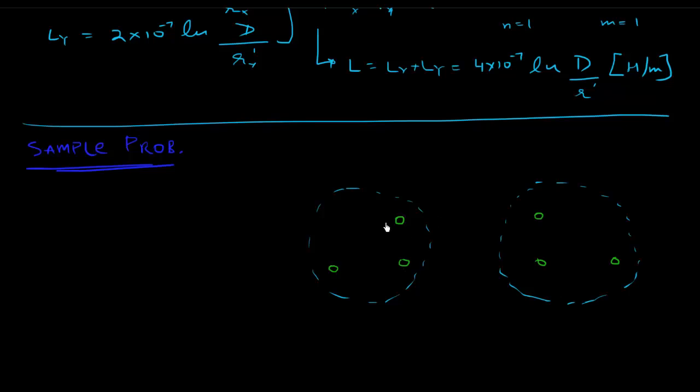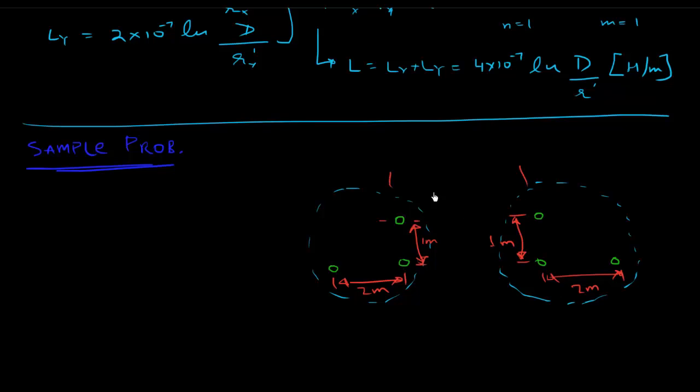Let this distance be 1 meter. It's the same distance here as well. So this is 1 meter. This distance, let that distance be 2 meters. Same as here. Let this distance be 2 meters.